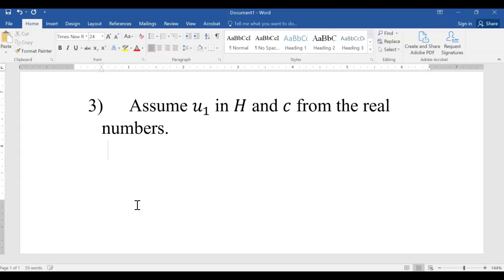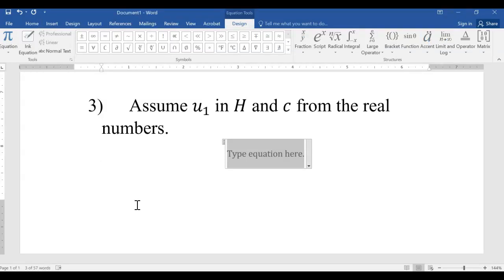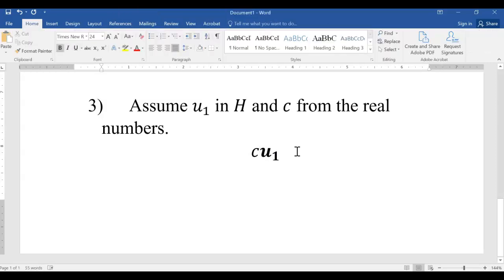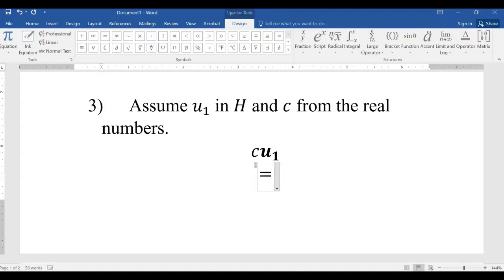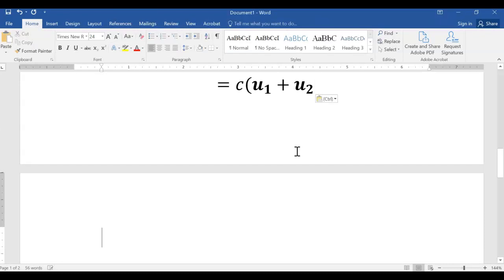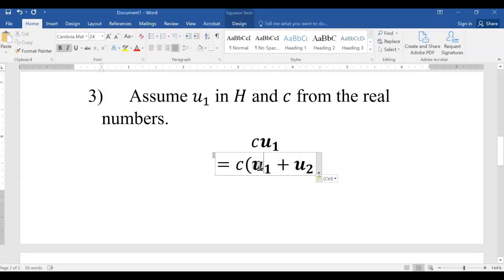If I take the scalar and multiply it times this vector, well, since that vector is in H, it's going to look like the scalar times a linear combination of v1 and v2. I'll use the c1's and c2's from last time.